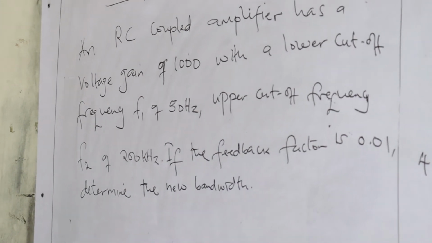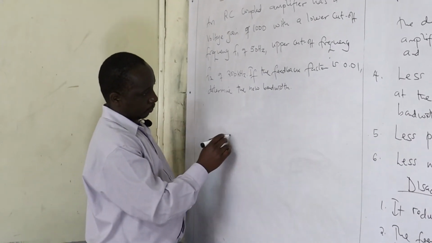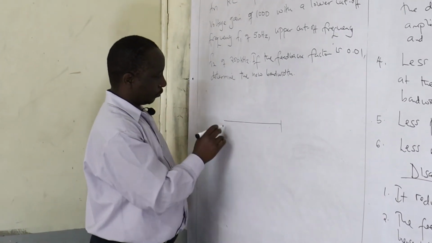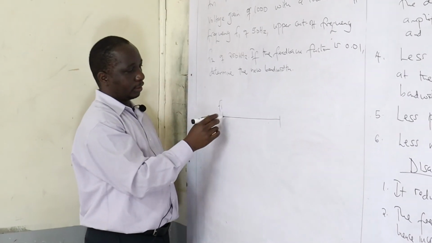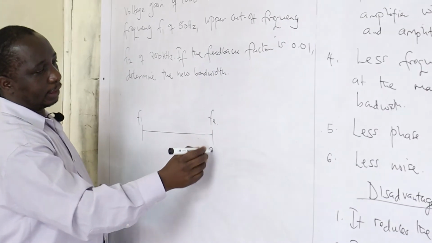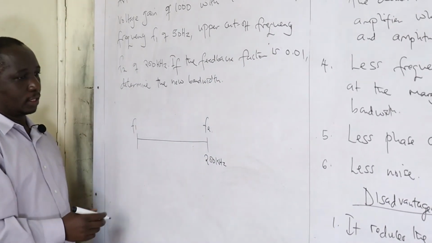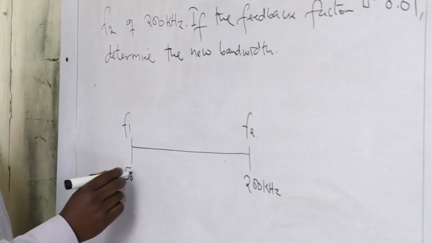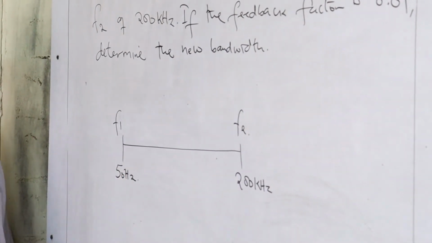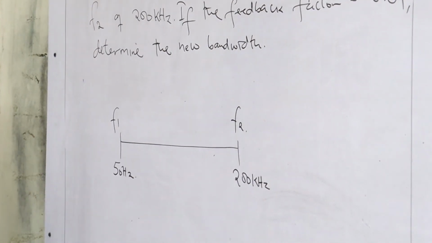When looking at this, we know that a bandwidth is a range of frequencies. Then we shall have that range of frequency, and this is F1, this is F2. We'll be told that the upper cut-off is 200 kilohertz, while the lower cut-off frequency is 50 Hz. This is before the application of negative feedback.